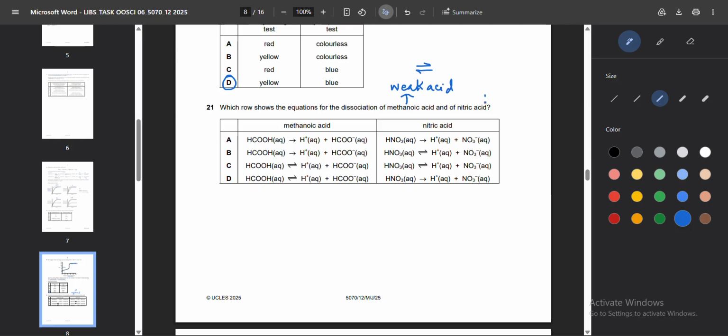Nitric acid is a strong acid, and strong acids ionize irreversibly. So over here option D is the correct one, because methanoic acid ionizes reversibly, whereas nitric acid is a strong acid and its reaction is irreversible.